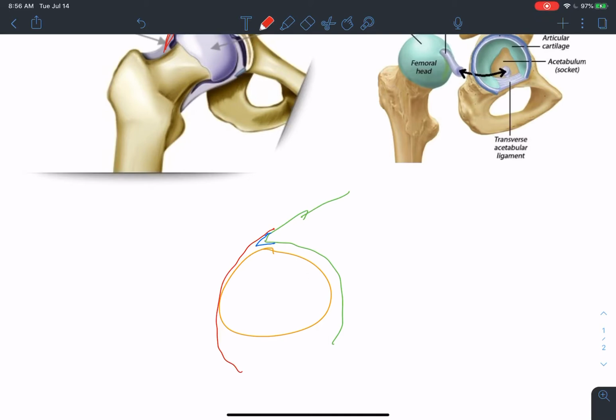When we move that joint into opposite rotation, so now we're talking about rotating it this way, what ends up happening is that the labrum gets compressed because of the tightness that happens in the capsule. So it is being driven into the head of the femur.